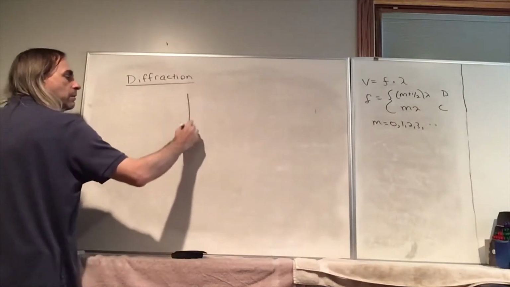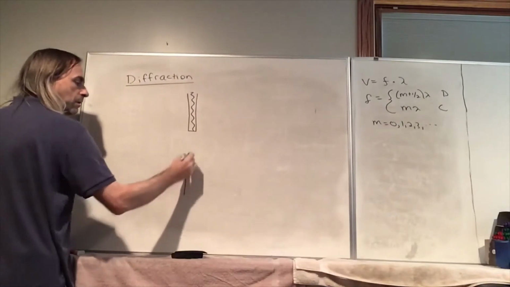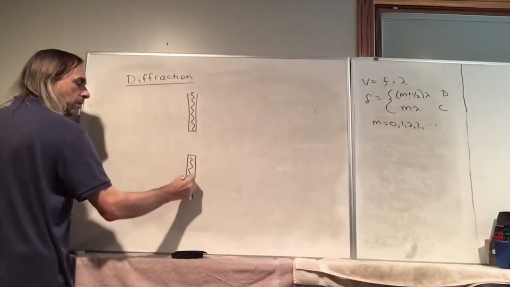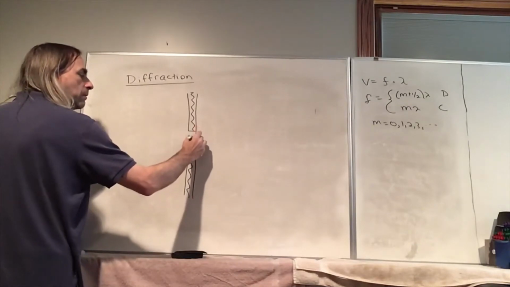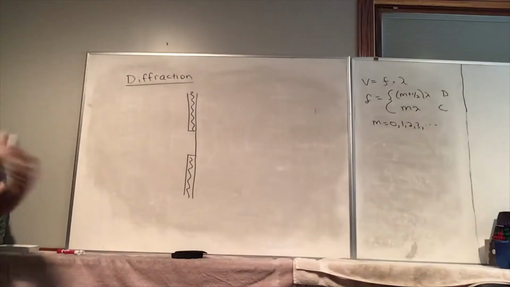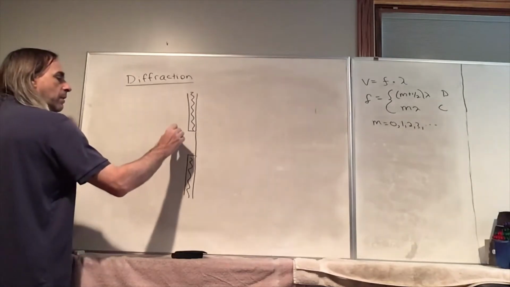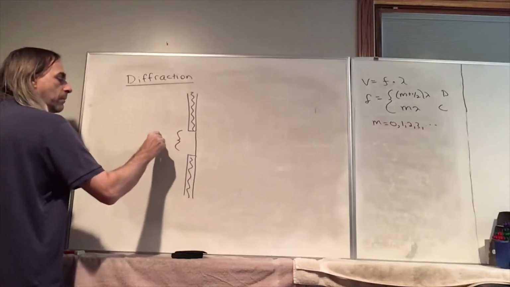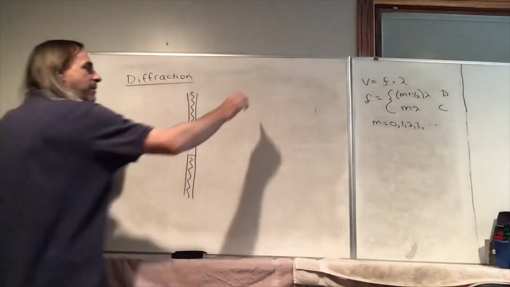Here's our barrier. And now, like say, this is our wavefront here. And let's say this barrier, it's like a rectangular barrier, and it has a width W. And let's say we have a screen here.